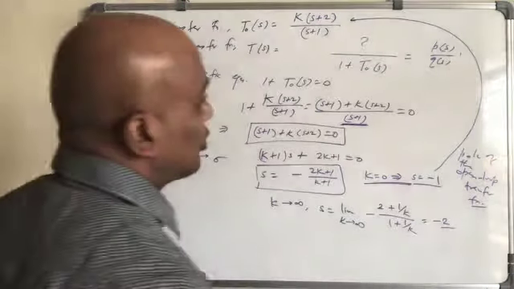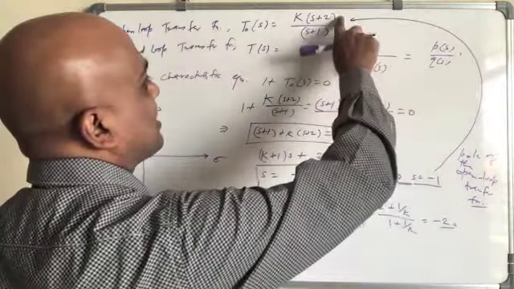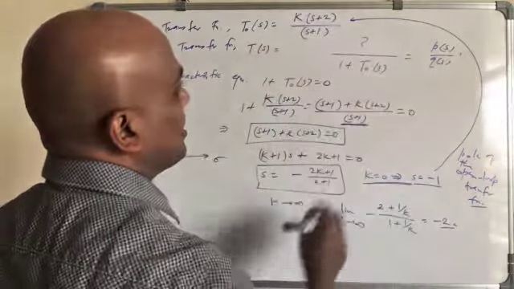What is minus 2? Minus 2 is, look here, s equal to minus 2, s plus 2 is in the numerator.